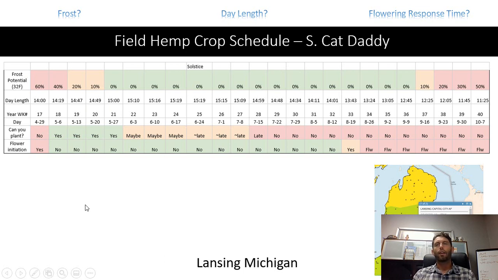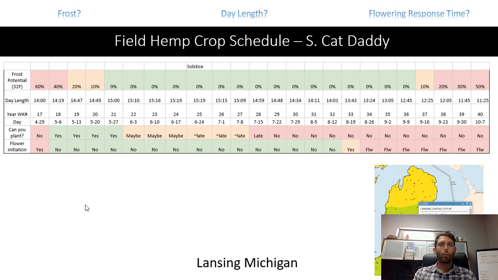In this scenario, if we were working with a farmer in Lansing, Michigan, and that farmer wanted to plant Southern Cat Daddy for outdoor field smokable flower production, we would go about recommending when he plant based on this exact example right here. Southern Cat Daddy has a flowering response time of 14 hours, right? So that means that any day length longer than 14 hours will ensure that it stays vegetative, and any day length shorter than 14 hours will trigger it into flower initiation.